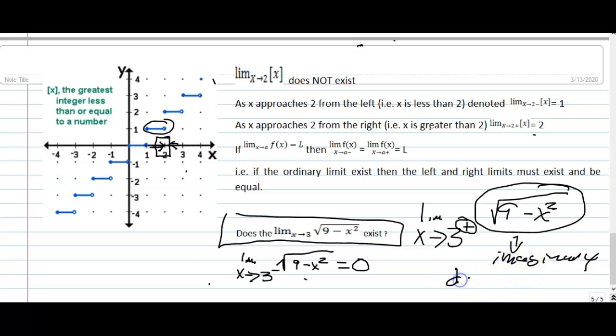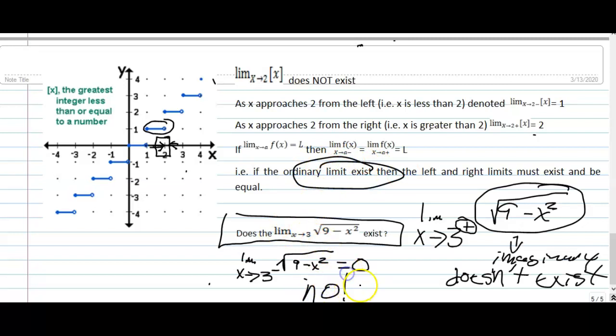So the right limit doesn't exist. So since the right limit doesn't exist, the ordinary limit doesn't exist. So the answer to this question would be no.